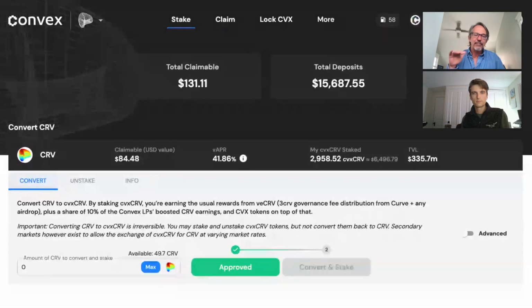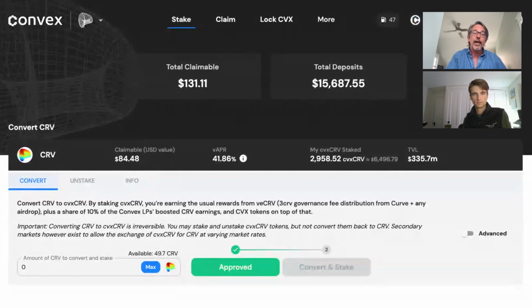So that's how they got 55% of the votes, because people went over here and said, well, it's earning 41% right now. Anyway, it's earning 41%. When I started doing Convex probably almost a year, I guess it'll be a year ago in May, it started out at 70%.